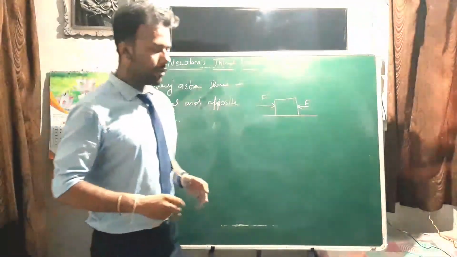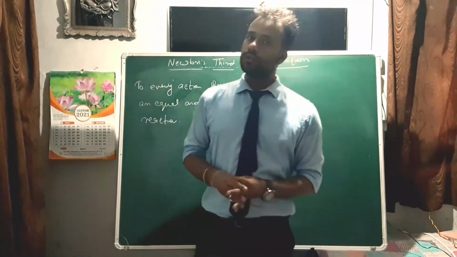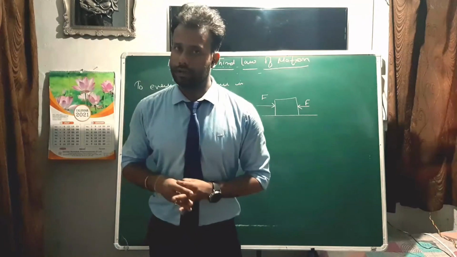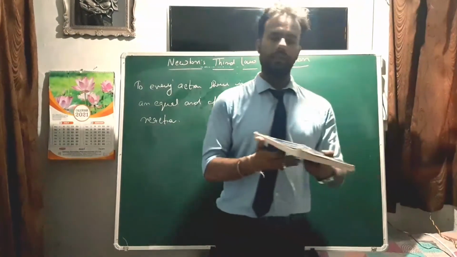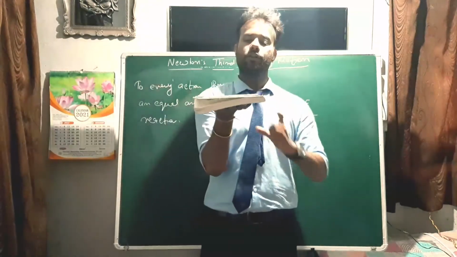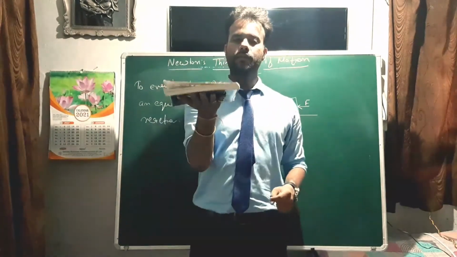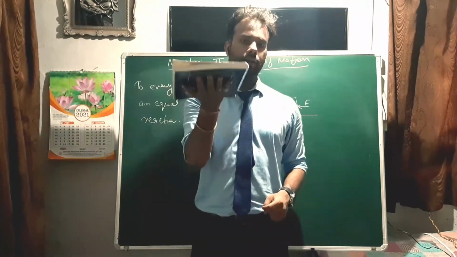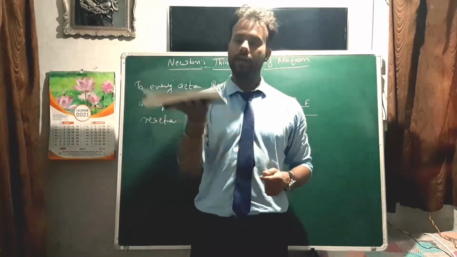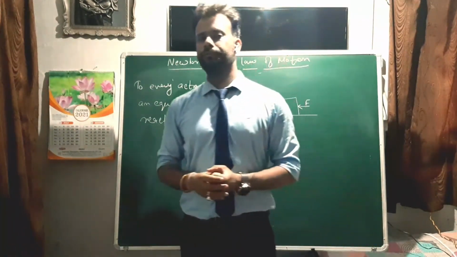It means if we apply some amount of force on any body, then that body also applies the same amount of force on us. Like if I'm holding this book, I'm applying some force on it in the upward direction, and the book is also applying its weight in the downward direction. That is why it is in a stationary condition, right? So that's your Newton's third law.